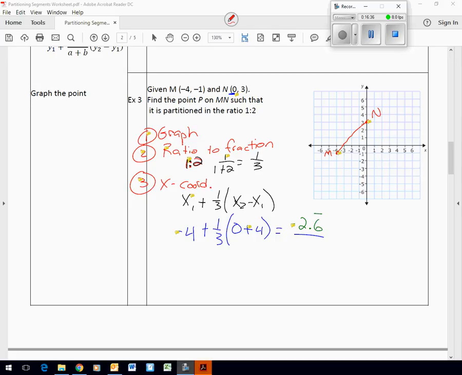Then we find the y coordinates. Okay? Y coordinates, same formula with the y's. Let's make sure we got it. y1 plus 1/3, y2 minus y1. So that's going to become -1 plus 1/3 of 3 plus 1.